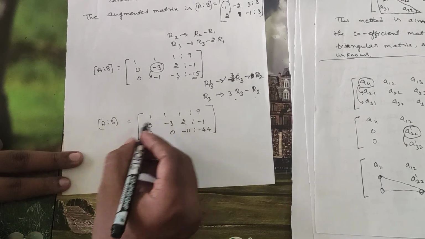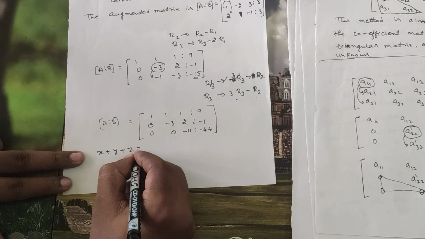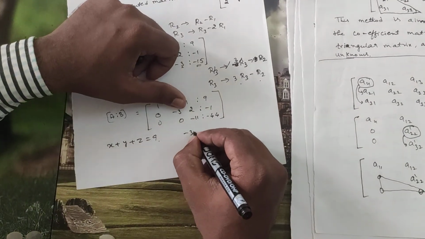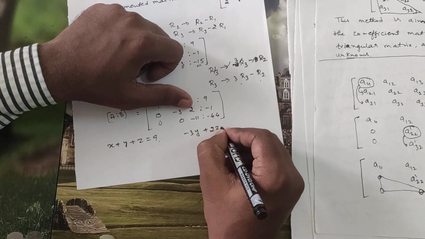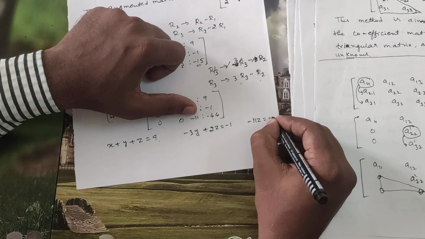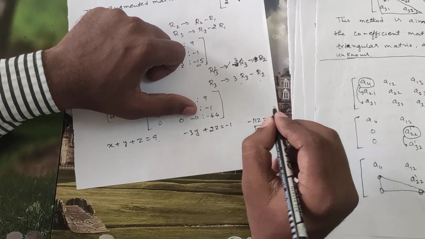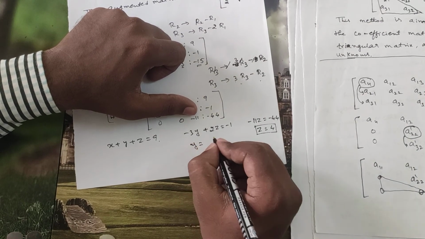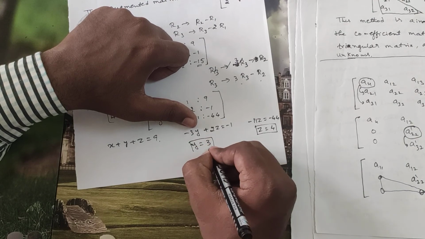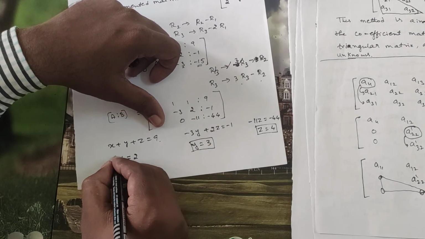Okay, the system of equations, right? x plus y plus z equals 9 you will get, another one is minus 3y plus 2z equals minus 1, and here minus 11z equals minus 44. So z equals 4 you will get. z equals 4 means y value you will get 3, and x value you will get 2.